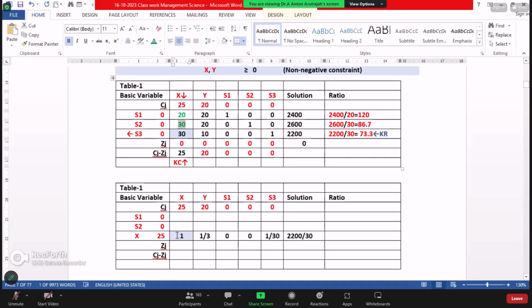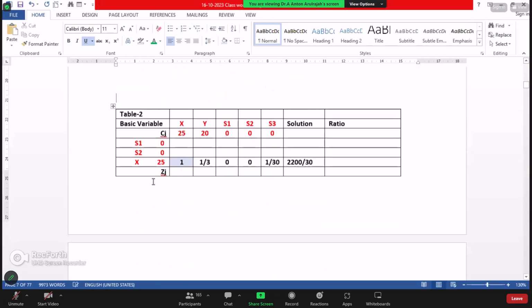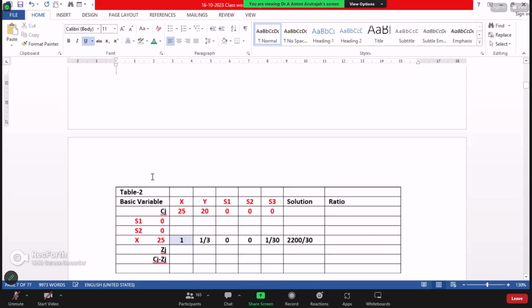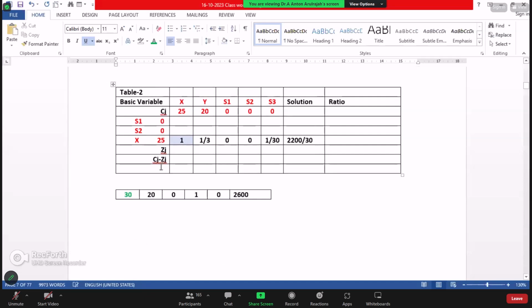This 30 has to multiply by all these new values, this second table. You have to do the calculation. So this is a new row: 1, 1 by 3, 0, 0, 1 by 30, and 2200 by 30.